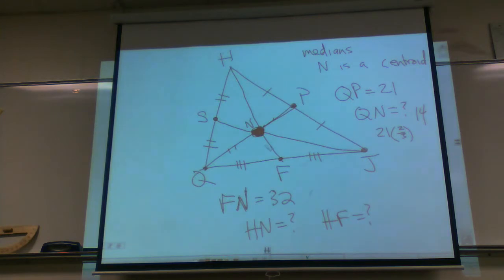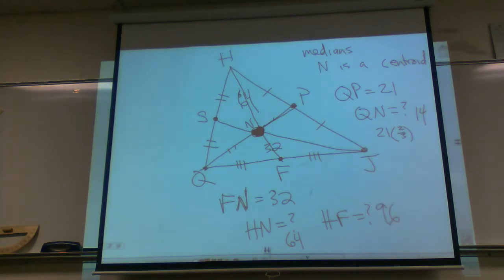So on this one, that's 32, I want you to find this one and the entire thing. What would that be? Quick, just be quick. HN is what? 64, right? So this is twice as big as that one, so 64. That would make the entire thing?